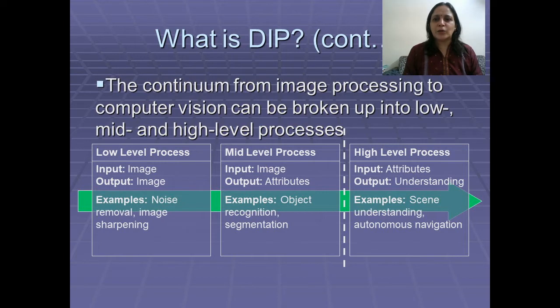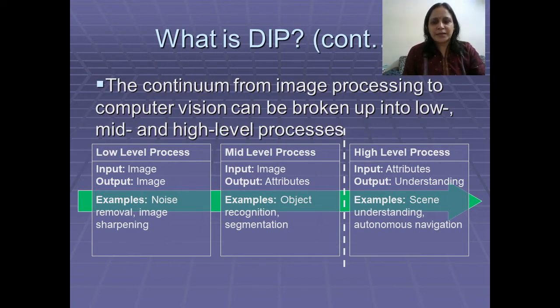You are not getting the whole image as output but certain attributes: certain segments, parts, objects of interest, or information in the form of the name of the object. That is called mid level processing. And in high level processing you provide certain attributes and make certain analysis of the data.